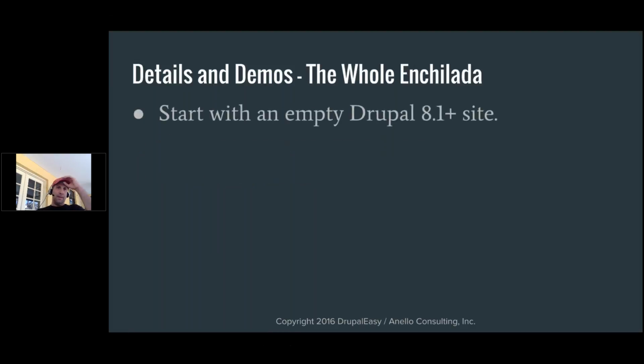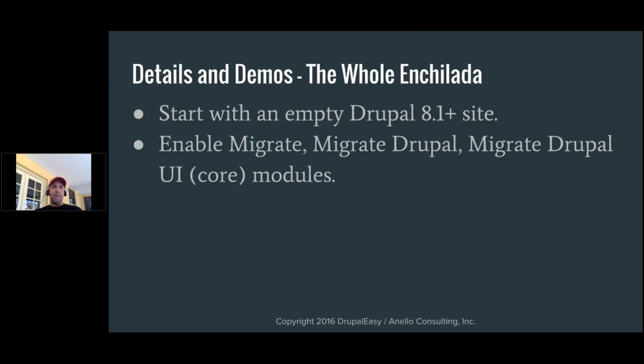So the whole enchilada. This is the Drupal 8 core upgrade path, which, as I mentioned, is now built on D8 Migrate. So you start with the empty Drupal, well, this should be an 8.2 site now. I need to update my slide. Enable the Migrate, Migrate Drupal, and Migrate Drupal UI modules. Those are all in Drupal core.